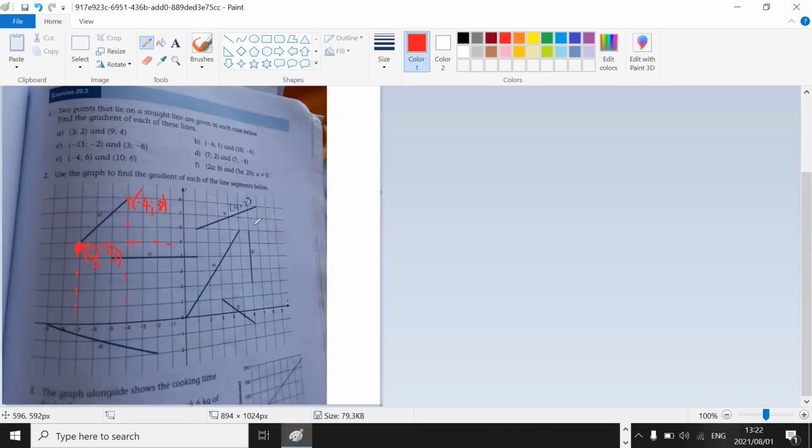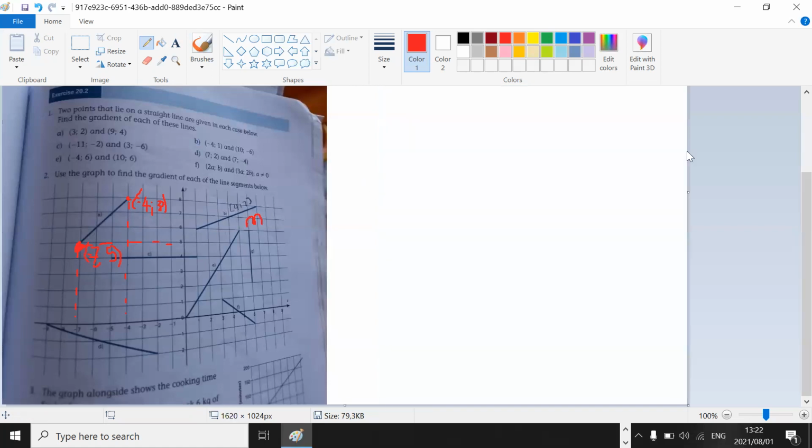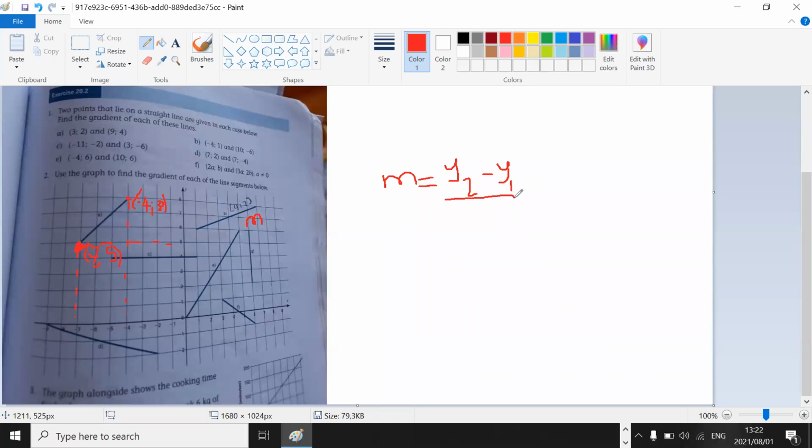You remember the gradient formula I gave you yesterday? Yes, let me write it. Let's calculate the gradient by using that formula. The gradient formula is y2 minus y1, divided by x2 minus x1. Yes, very true. This is the formula for calculating the gradient.